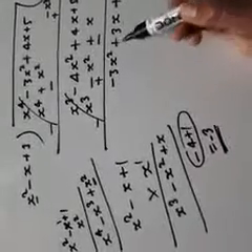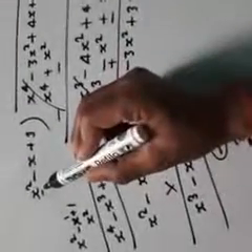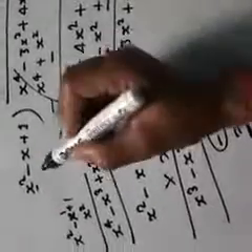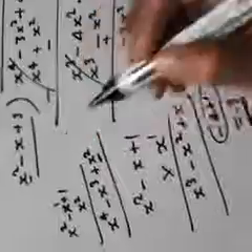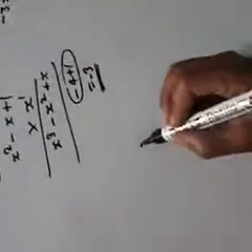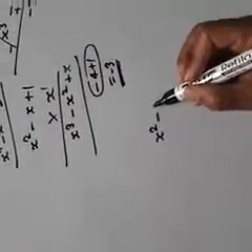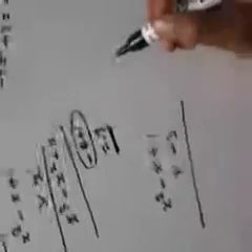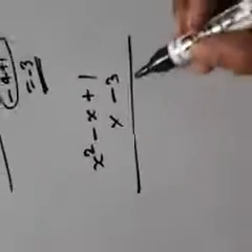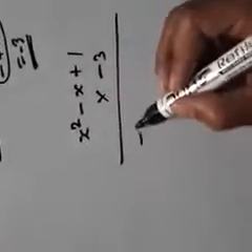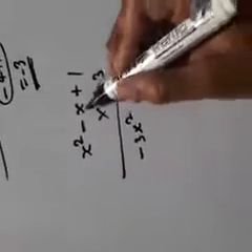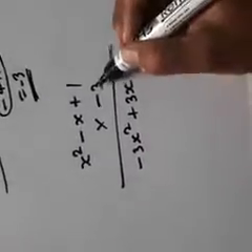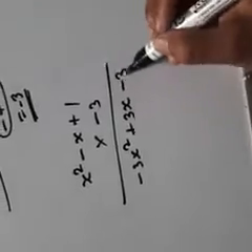So this time x square terms are the same, but the coefficient is minus 3, so multiply the whole of this by minus 3. So how will we multiply x square minus x plus 1 by minus 3? Because we have to make minus 3x square, so minus 3 into x square is minus 3x square, minus 3 into minus x, double minus, will become plus 3x, and minus 3 into 1 is minus 3.